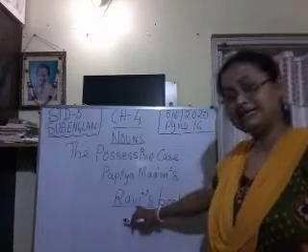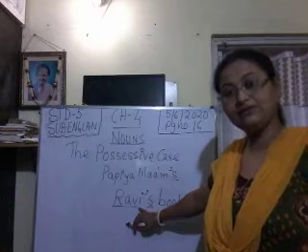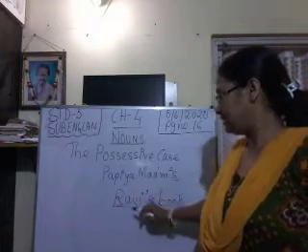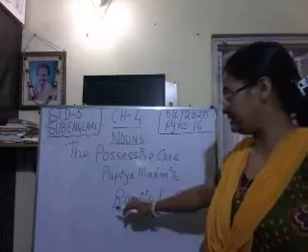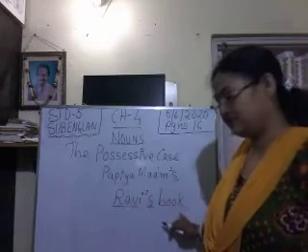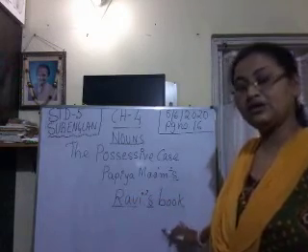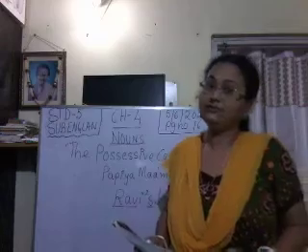Ravi is a noun, the name of a boy. So here apostrophe and S show that Ravi is the owner of this book. This is called noun possessive case.